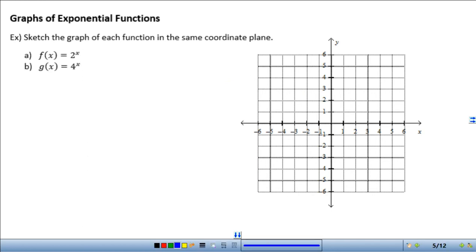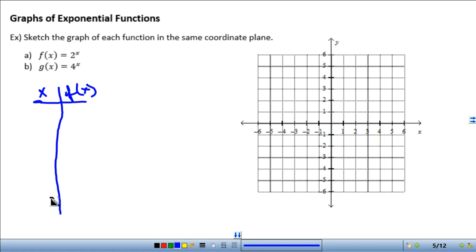So you've got the graphs of exponential functions here. Sketch the graph of each function in the same coordinate plane. F of x equals 2 to the x, g of x equals 4 to the x. So let's start with 2 to the x. What I recommend you do is make a t-chart. So I've got my x's. I got my f of x's or my y's.